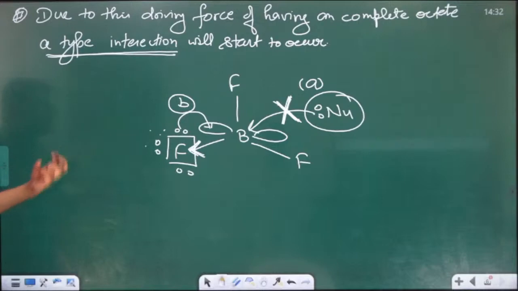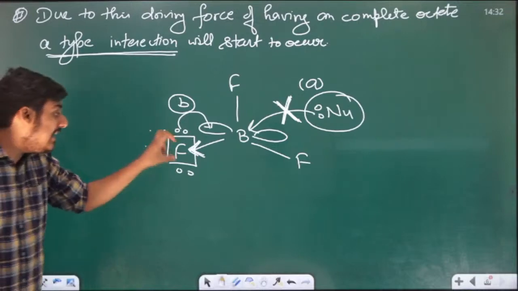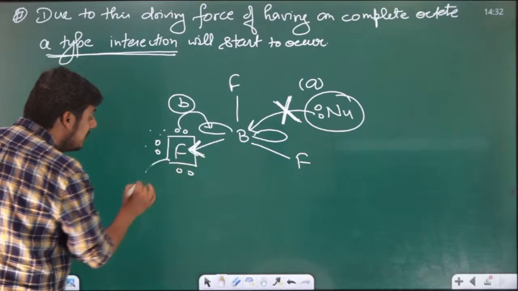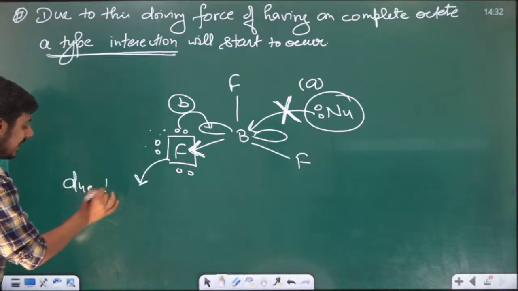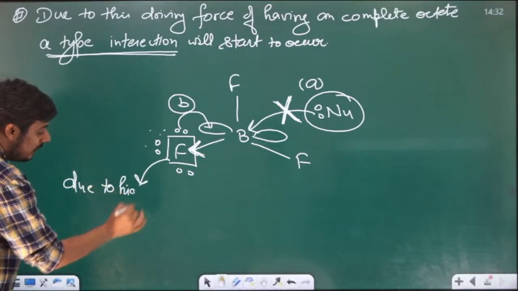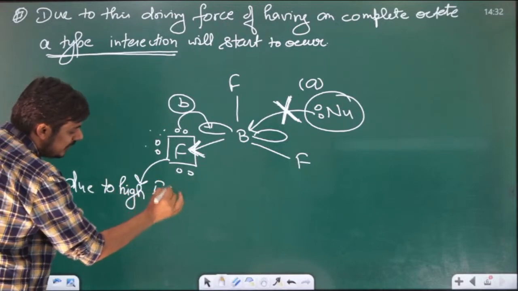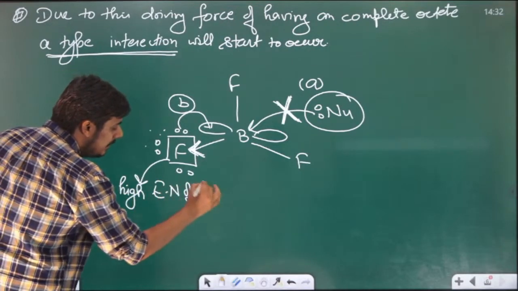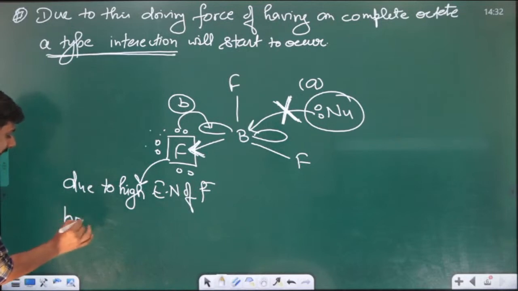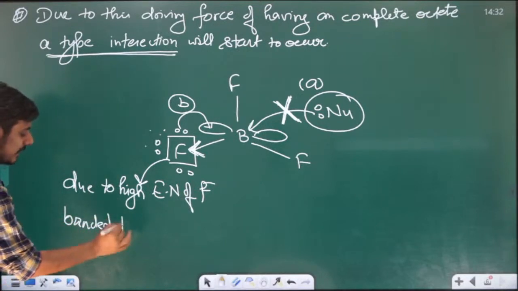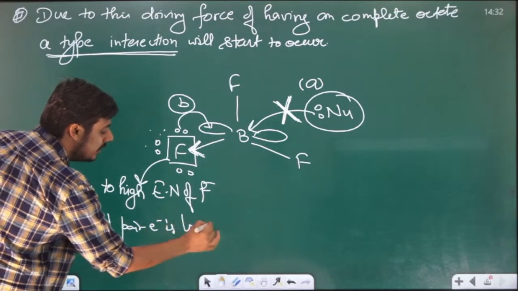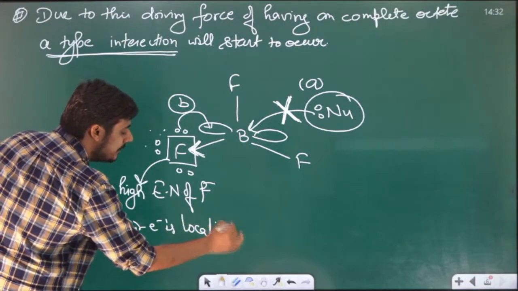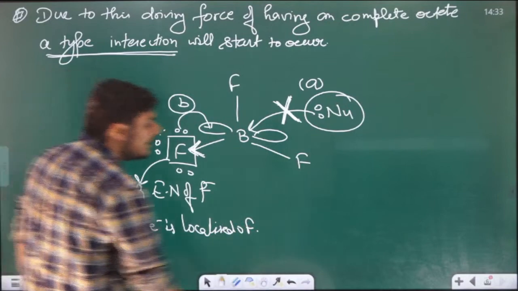Due to the high electronegativity of fluorine, the bonded pair of electron density is localized on fluorine.